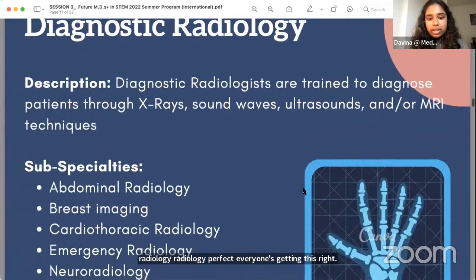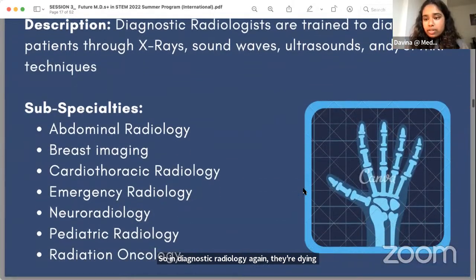In diagnostic radiology, they're diagnosing and seeing what could be happening in patients through x-rays, sound waves, and ultrasounds. Like we mentioned earlier, radiologists usually work with other specialties.